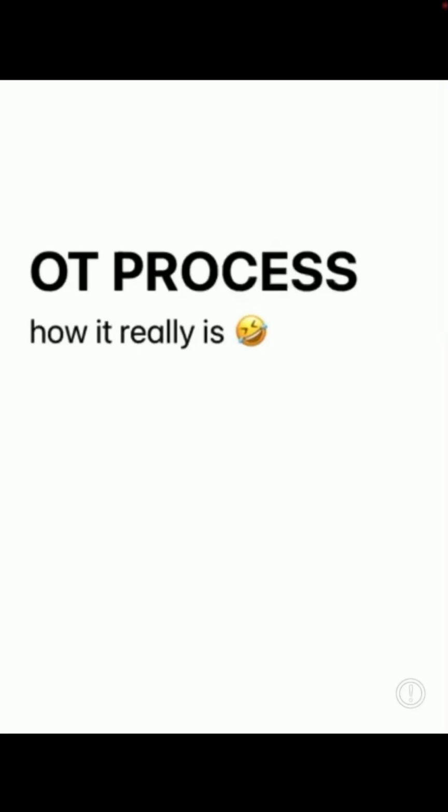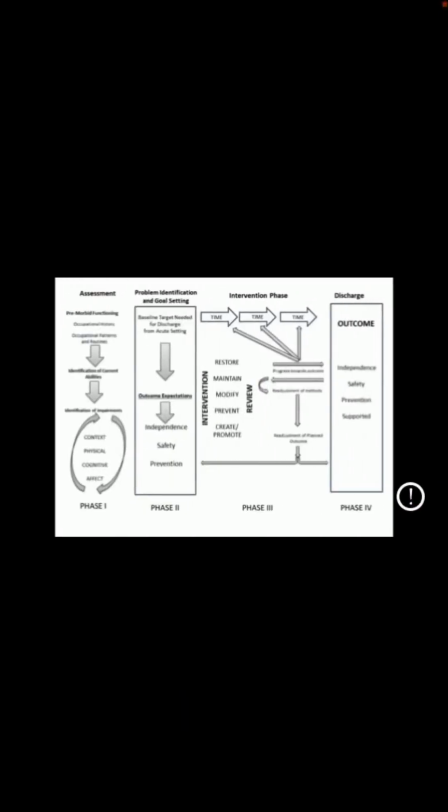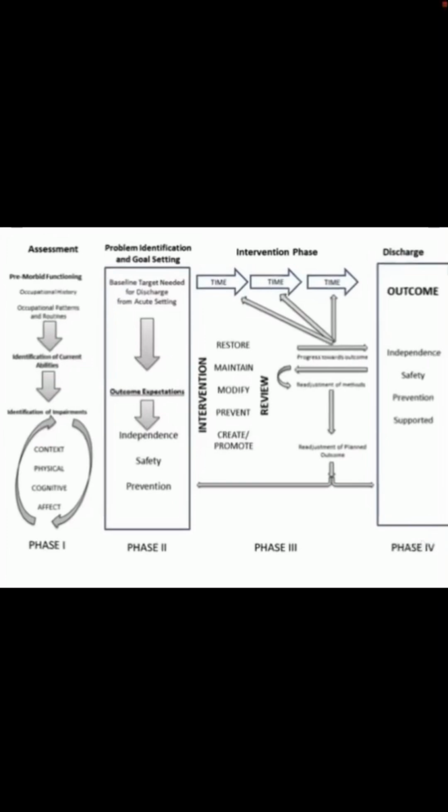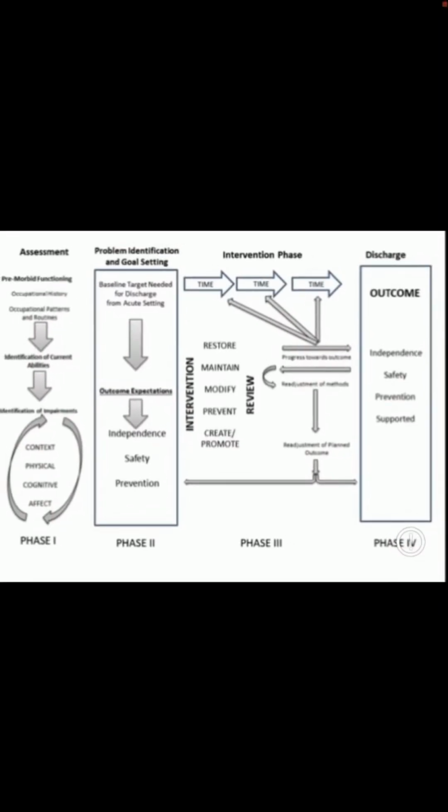However, in a real life scenario, it is a bit complicated in the sense that there are a lot of things happening in every phase. If we simplify it, there are only four phases of the process. The assessment process is phase one.